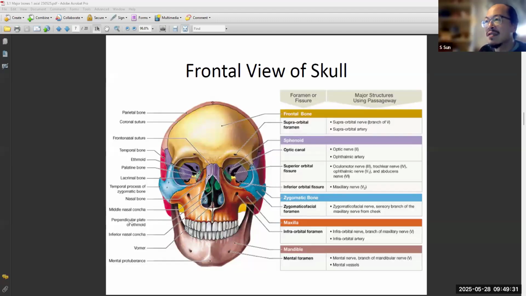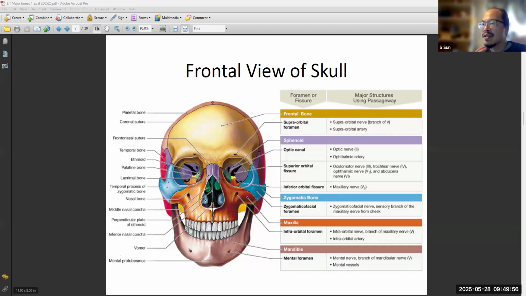So where is that ethmoid? Ethmoid right here. So those are the ethmoids, sitting in the middle, behind your nose and underneath your brain.